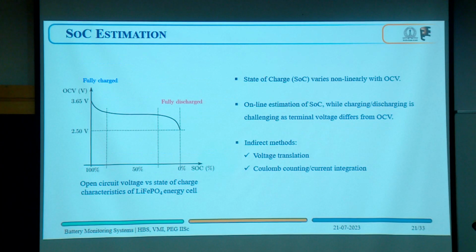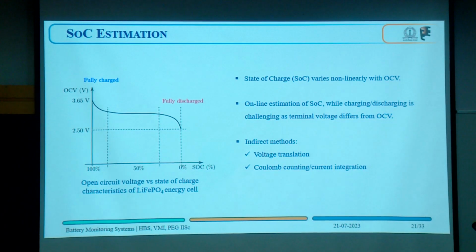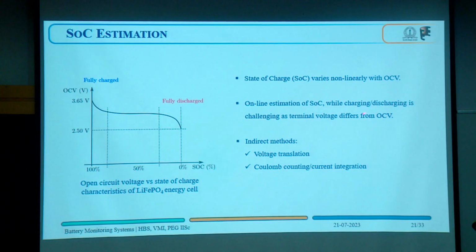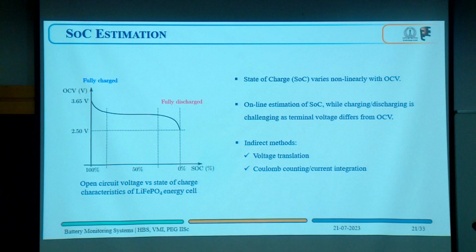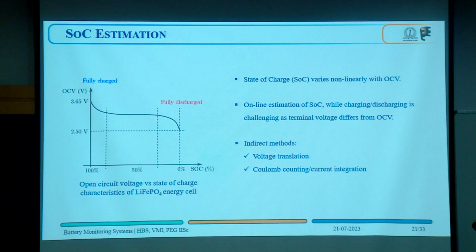So coming to SOC estimation, we had seen that the state of charge varies non-linearly with the open circuit voltage, right? And online estimation, while the battery is connected to a vehicle, like a charger, or it is giving power to a motor, while it is functioning, charging or discharging, SOC estimation is challenging because there is internal resistance.